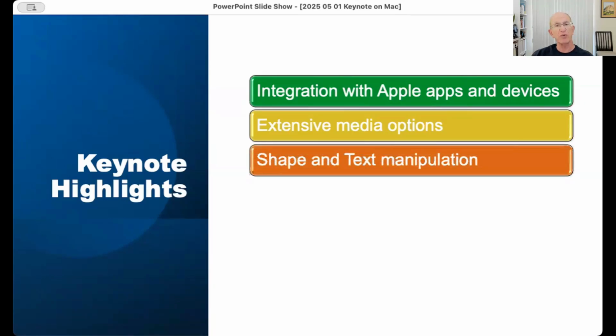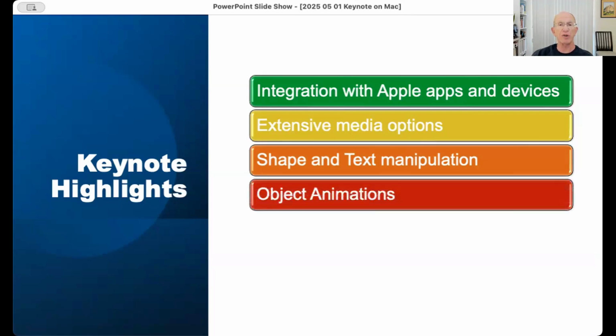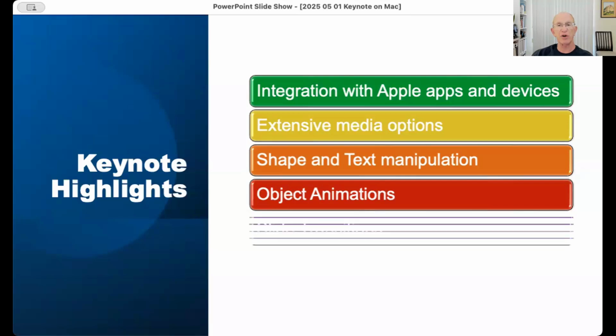It's got some great tools for shape and text manipulation. If you like to draw shapes, if you like to manipulate text, you can animate objects on it. We'll have a chance, I hope, to take a look at some animation tools because they're really nice within Keynote.